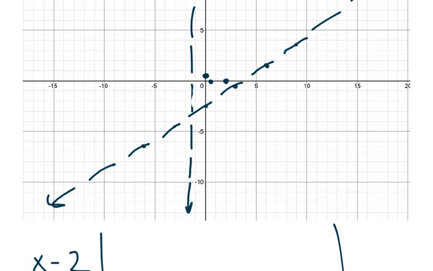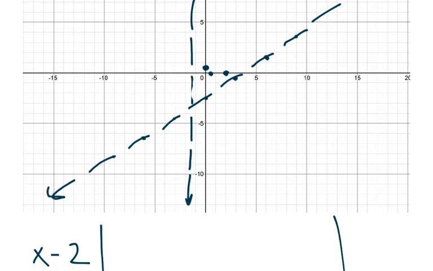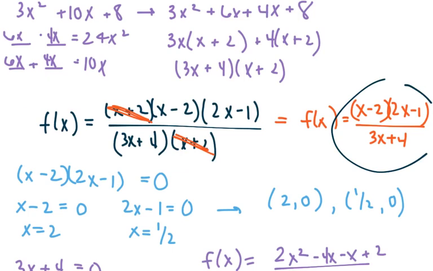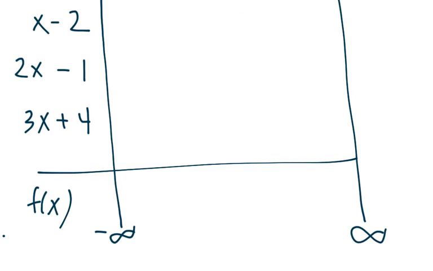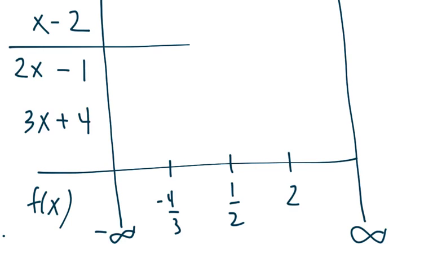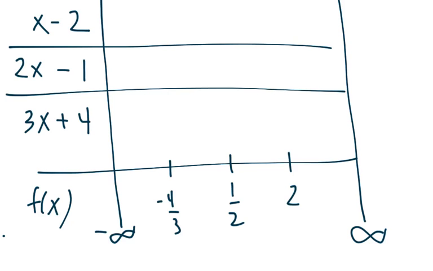So that would be -4/3, 1/2, and 2. We'll put our x-intercepts and our vertical asymptotes. So -4/3 would be first, then 1/2, and then 2.